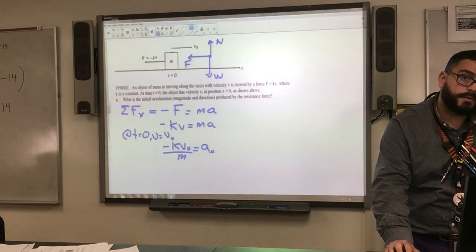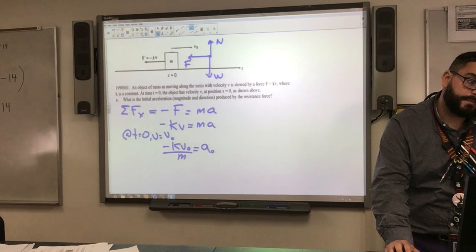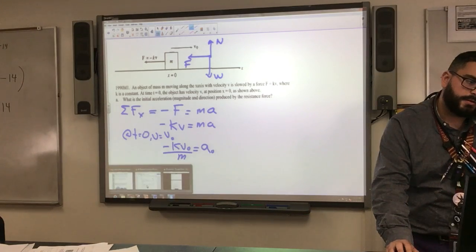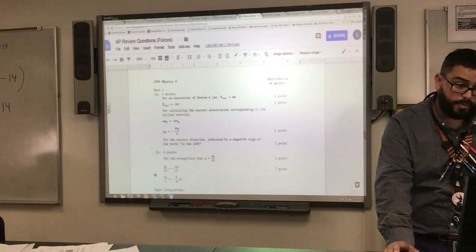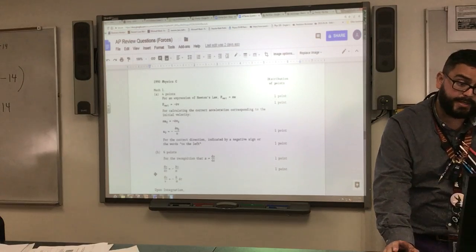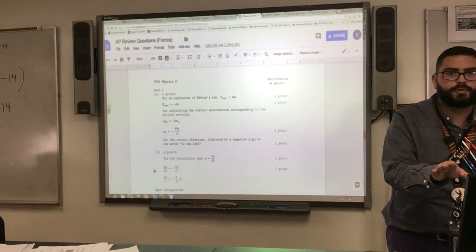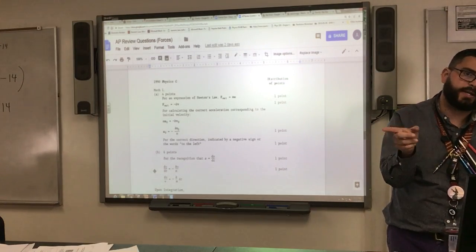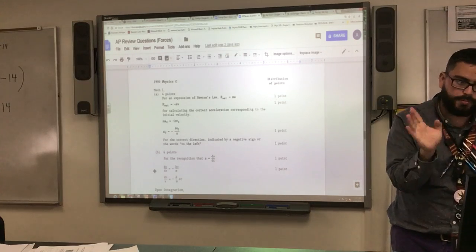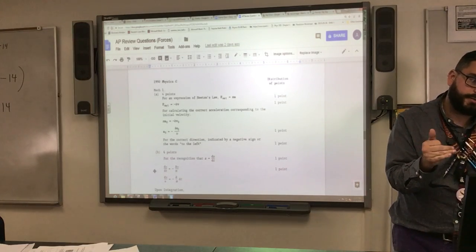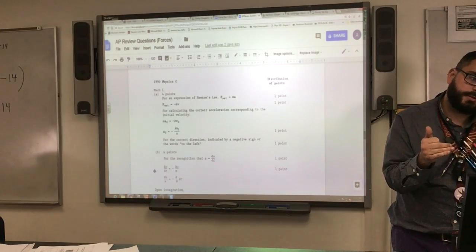Wait, so in mine I wrote negative kV equals ma, which, if on the line before that I wrote the net F was that, can that be assumed? I think those are your 2 points, right? No. Okay, hold on. For 1 point, you said F net equals some stuff equals ma, right? Yeah. But the second point says you have to write F net equals negative kV.